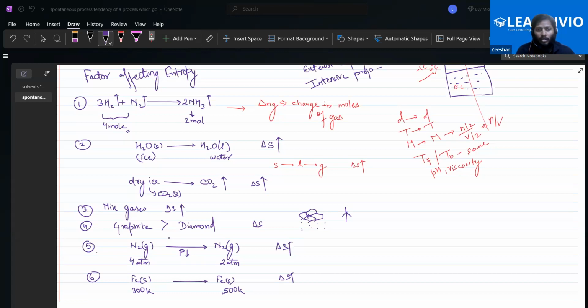Yes, sir. So where is the movement between molecules, in diamond or in graphite? Graphite. Okay, do you know how there is movement in graphite, or you are just saying it? Do you have the understanding of this?